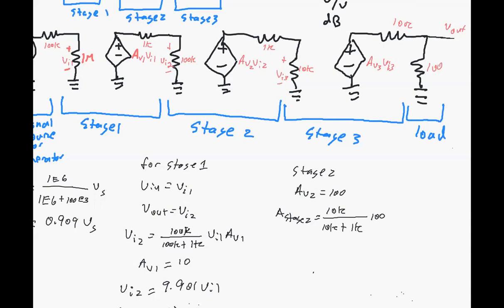And that would be equal to 90.91 volts per volt, or 20 times log of 90.91, which would be 39.2 dB.